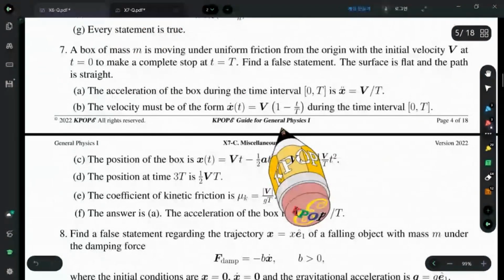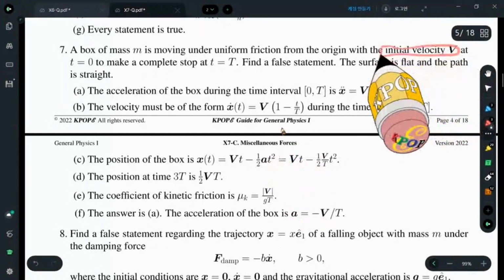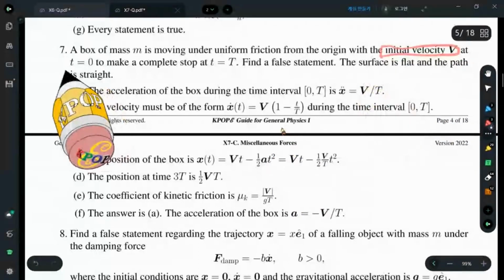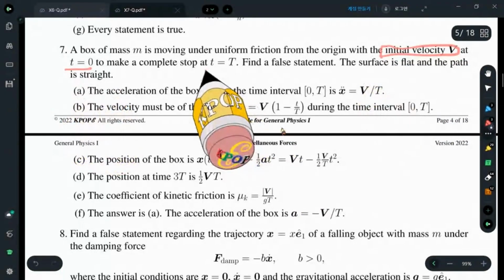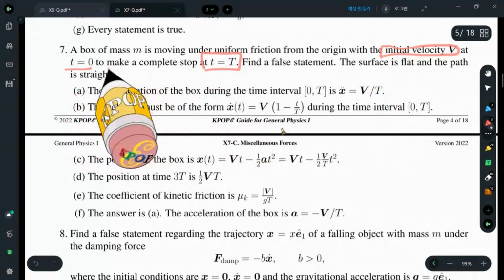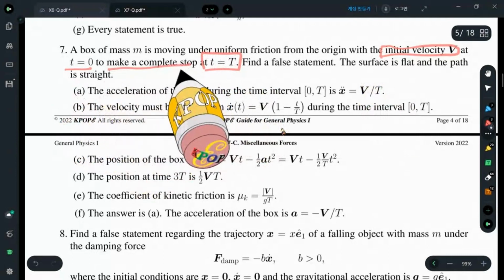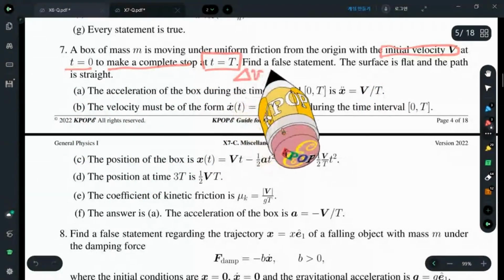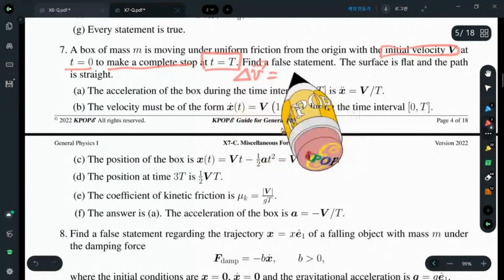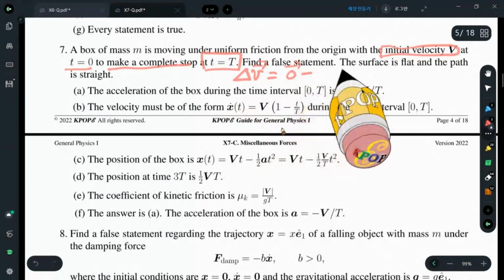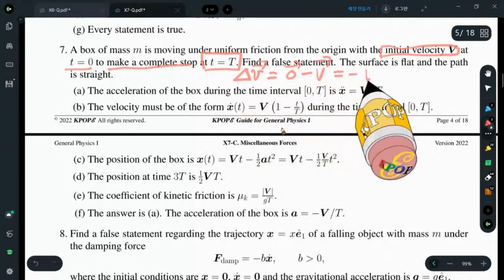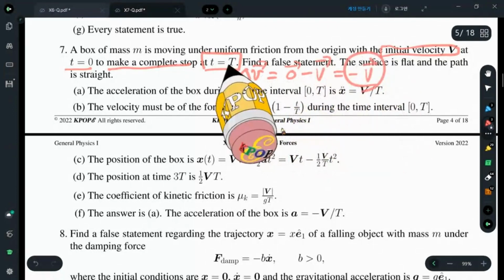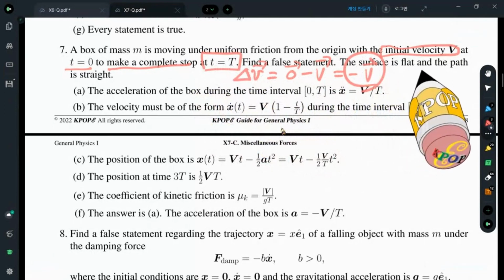7. A box of mass m is moving under uniform friction from the origin with the initial velocity. This is the initial velocity at t equals 0, and at t equals capital T, it makes a complete stop. So what is delta V? Delta V is final minus initial, so minus V is the delta V during this time interval.